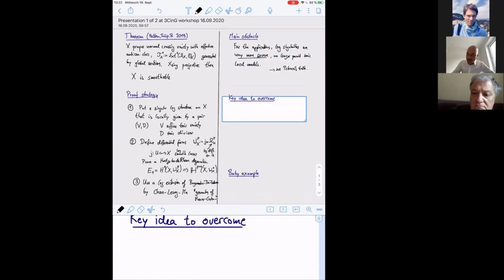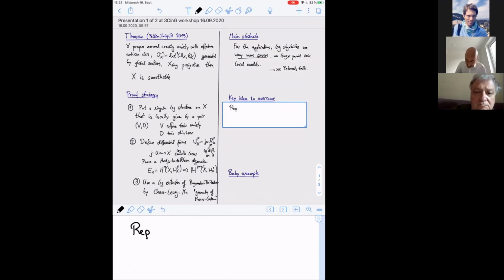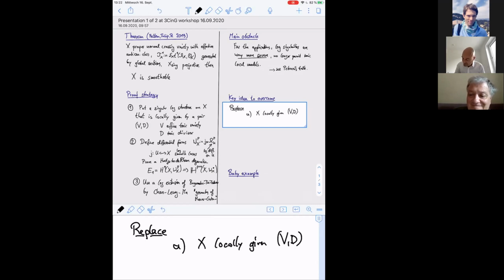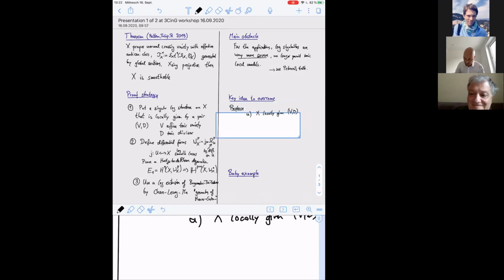Okay, so what's the key idea to overcome this obstacle? The key idea was already mentioned by Andrea. I'm going to repeat it. So replace what we had: X was locally, in the previous theorem, given by the pair of an affine toric variety V, D. In terms of the singularities of the log structure, they're given by that pair, which no longer works.